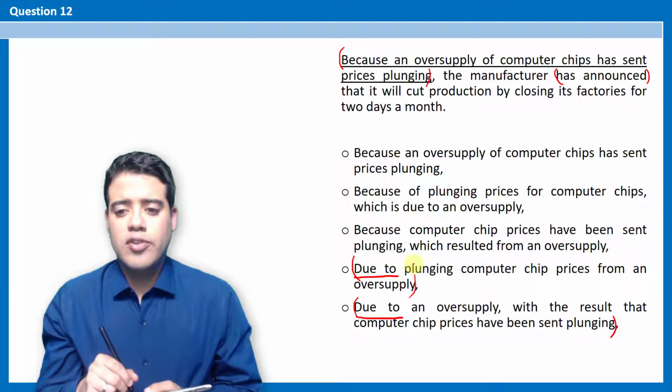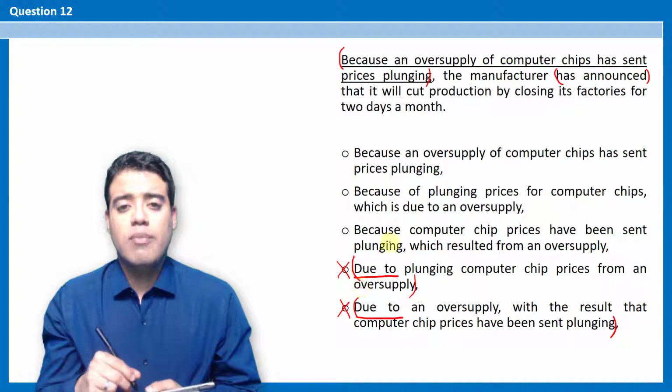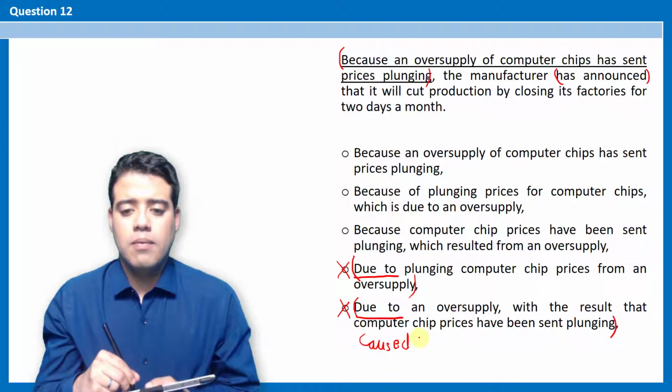So due to computer chip prices from oversupply, the manufacturer. And that's incorrect, because the manufacturer cannot be due to plunging computer chip prices. What I need you to know is that you can replace due to with caused by.